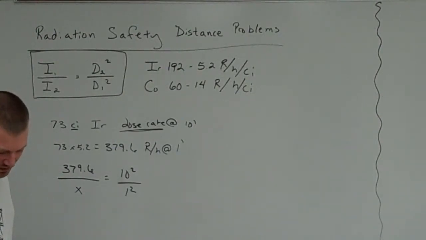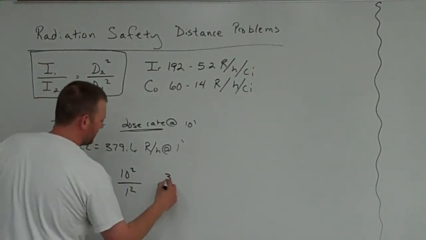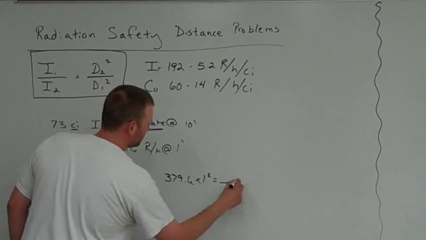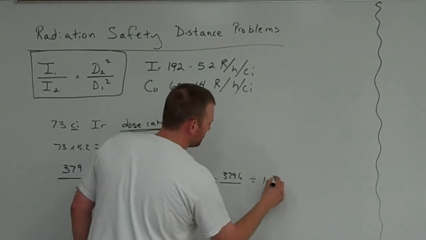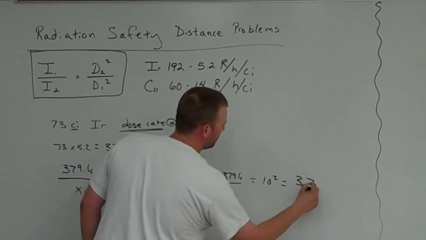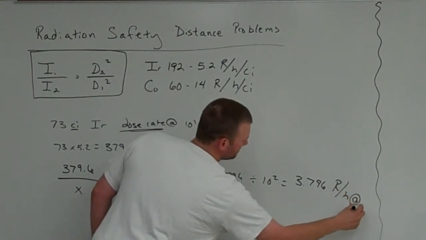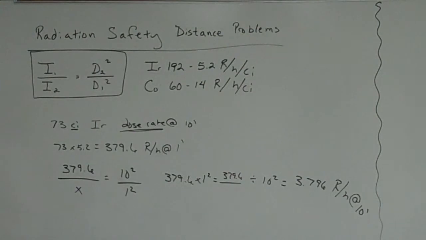Then we take that divided by 10 squared, gives us 3.796. So 379.6 times 1 squared equals 379.6, divided by 10 squared equals 3.796 Rankins per hour at 10 feet. That's how you work those out.